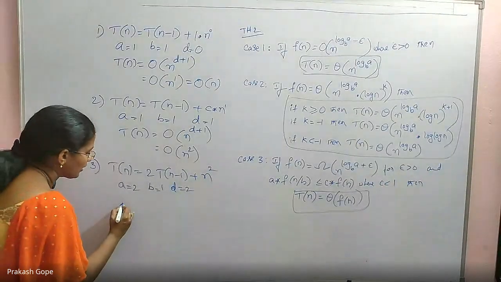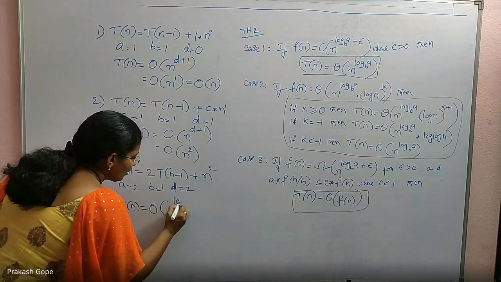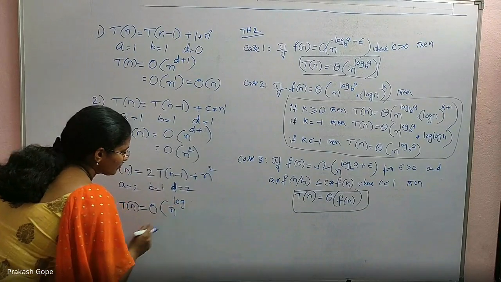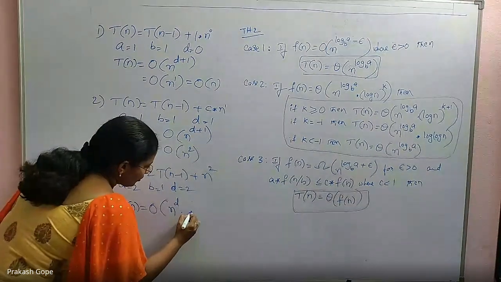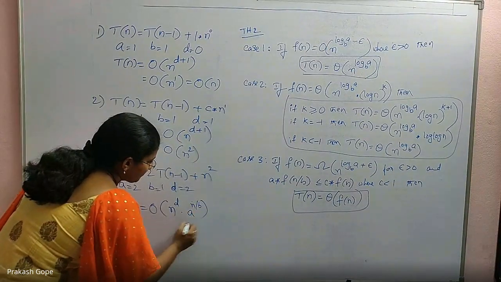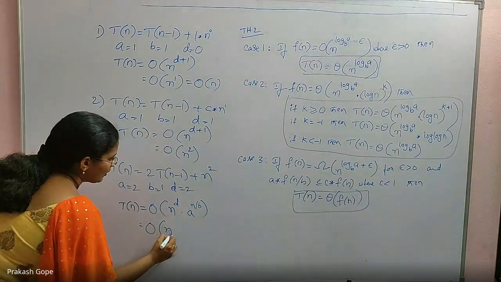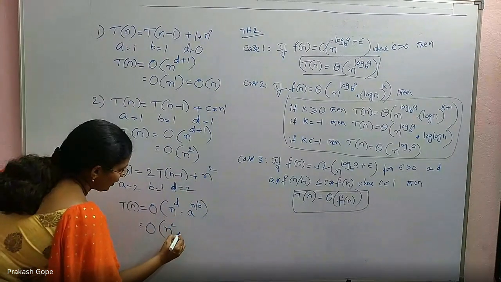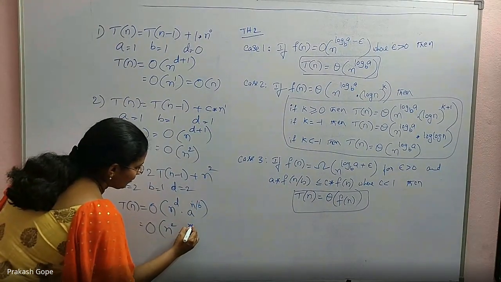Now a equal to 2, which is the greater than 1 case. If a is greater than 1, T of n is equal to big O of n power d into a power n by b. Here d is 2, right? So n square into a power n by b, where a is 2 and b is 1.